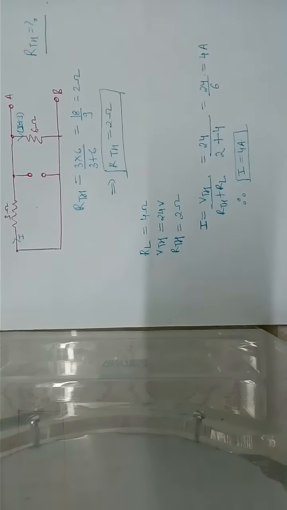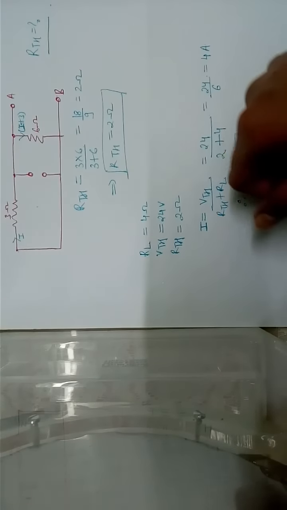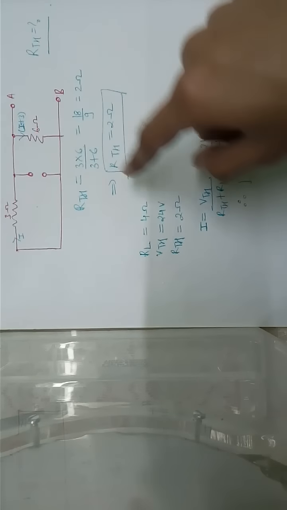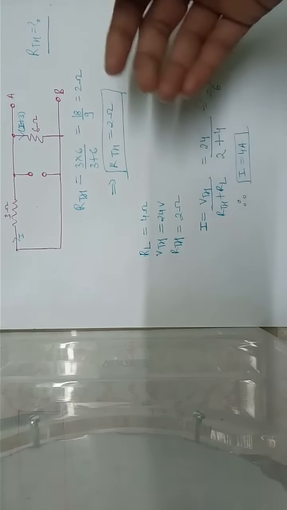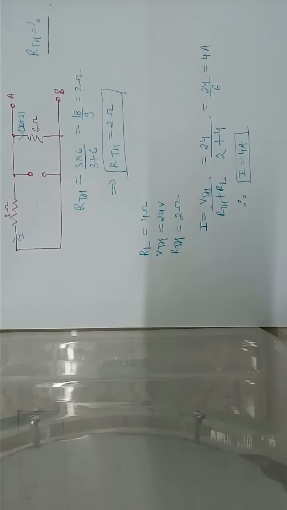Now we have another circuit, which was for RTH, and will result in our finding the current across the 4 ohm resistance. In this particular circuit we have short circuited the voltage part and open circuited the current source. So over here we have a 3 ohm resistance and a 6 ohm resistance.